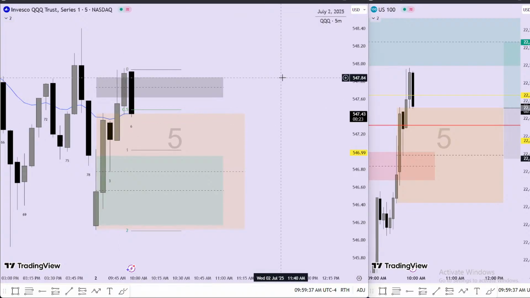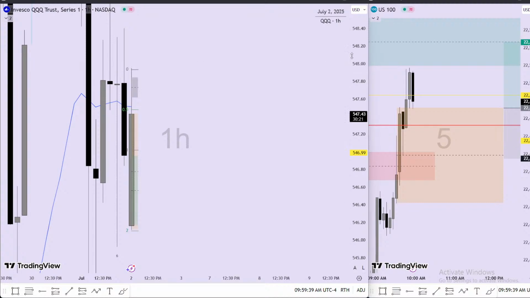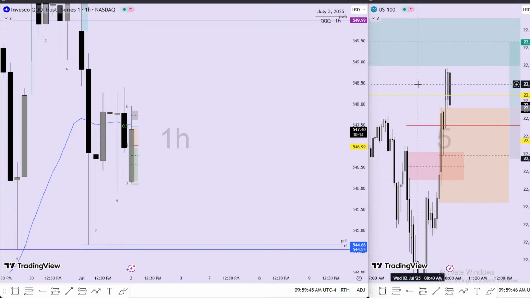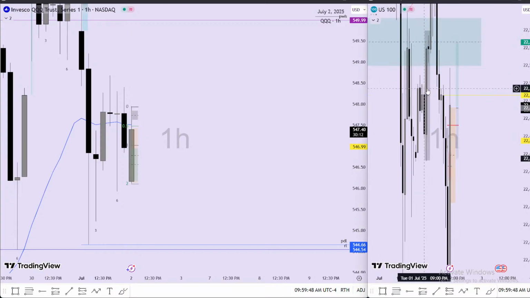We are retesting the hourly moving average. 30 minutes left to the regular trading hours on the hourly time frame.